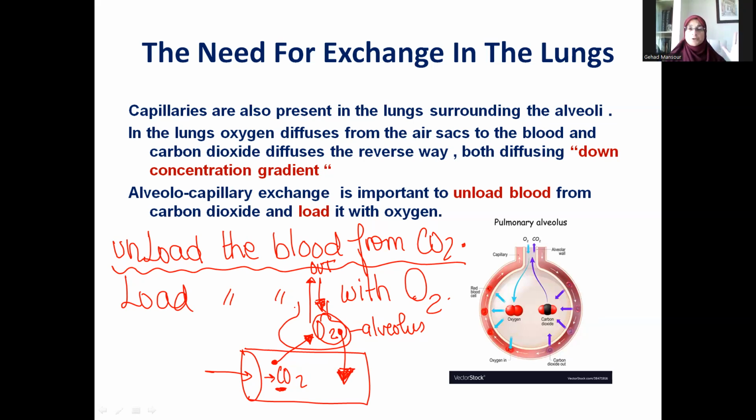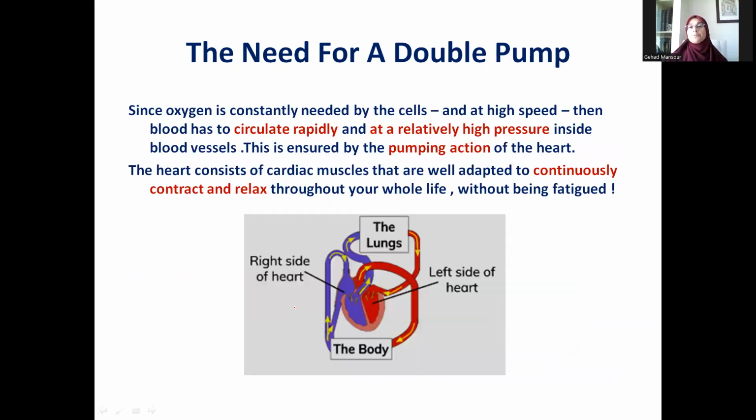So we have two processes that are essential, that have to occur at the same time and all the time, and that are complementary to each other, and they are necessary to achieve the process of energy production in the body.